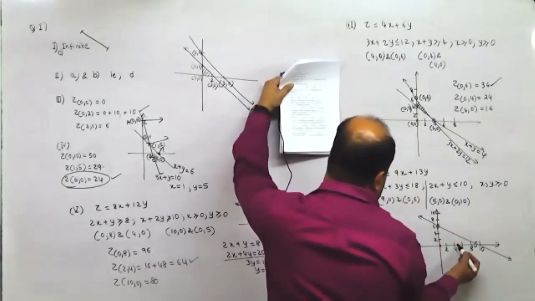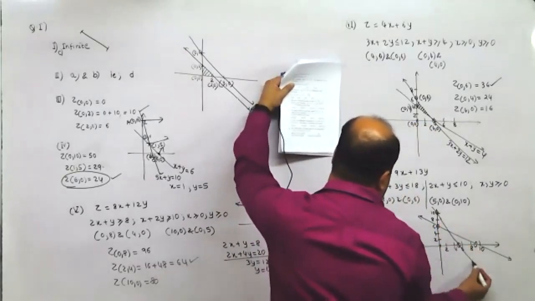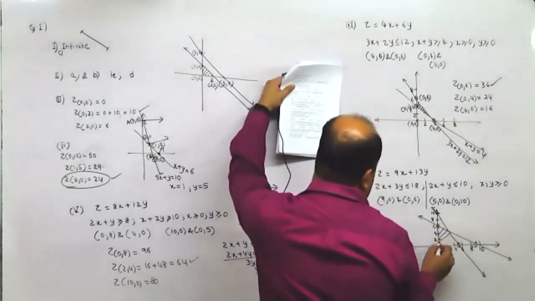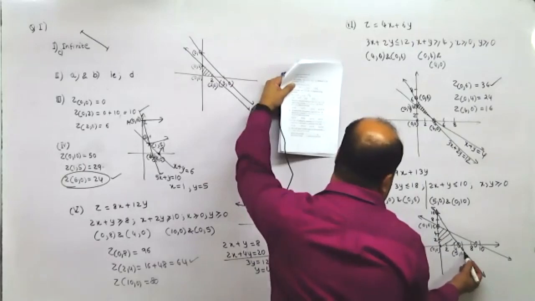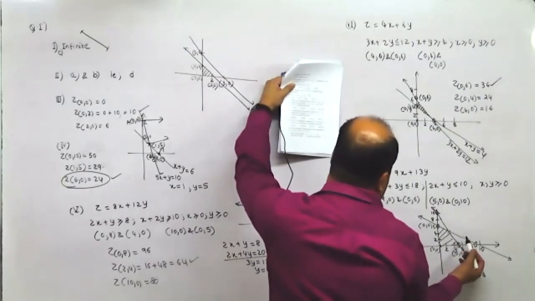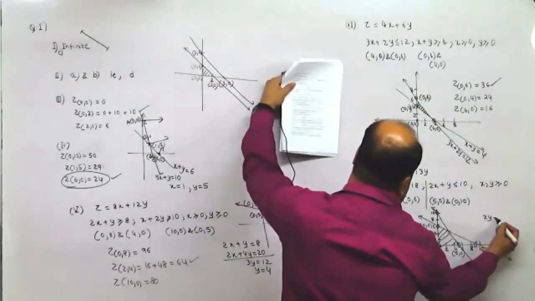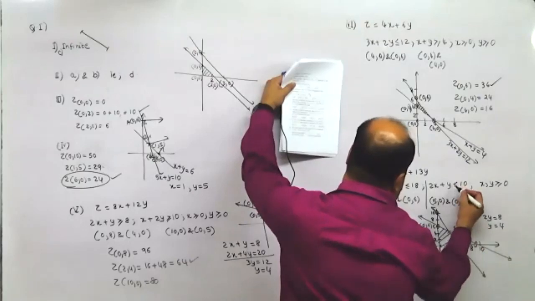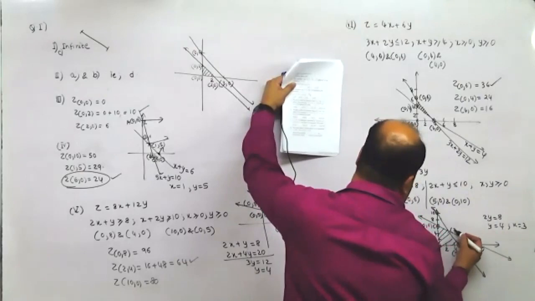This is 5, 0, and this is 0, 10. And I say less than both of them, so it is here. This is 0, 0. This is 0, 6. This is 5, 0. And this point is a meeting point of these two. What are they? 2x plus 3y. So 2y equal to 8, y equal to 4. When I substitute y equal to 4, this would be 6, x would be 3. So this would be 3, 4.